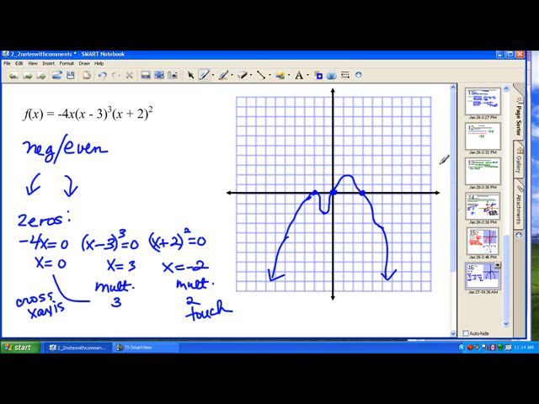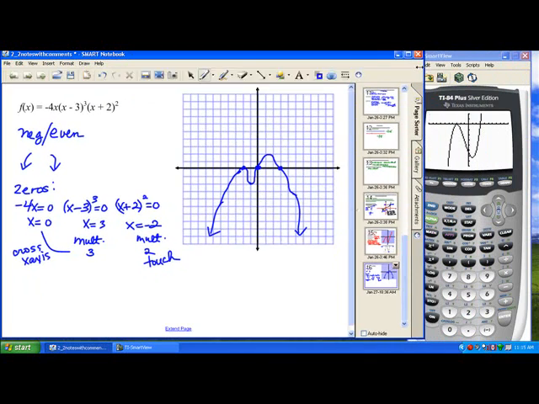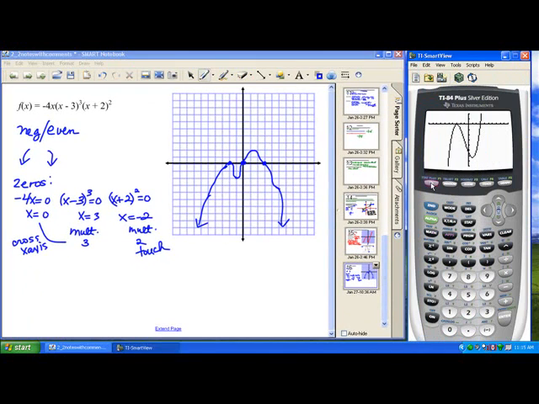So let's see, if we wanted to do this on the graphing calculator, what would it look like? Let's clear this out and we can input -4x times a quantity x minus 3 raised to the 3rd power times (x plus 2) squared.